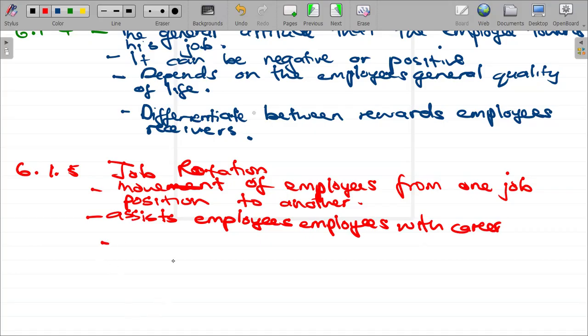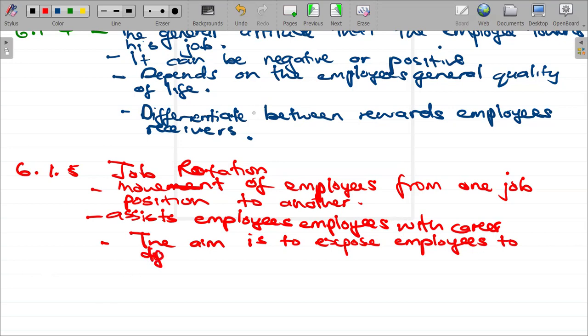And also you can find that the aim of job rotation is to expose employees to different experiences, so that the employee will have exposure in different job positions.